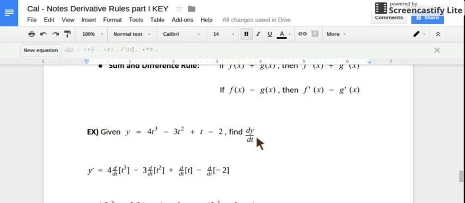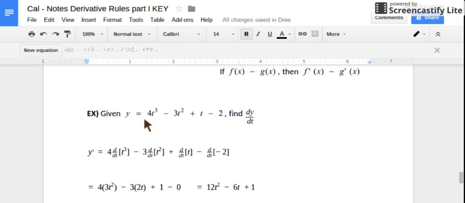I'm going to find the derivative of y with respect to t, because t is the input variable. If it was x, it would be find the derivative of y with respect to x. So that bottom is just talking about what our input variable is. So I could just find the derivative of each individual term because they're being added or subtracted.